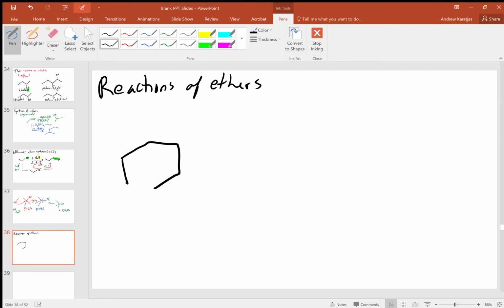Now, under the right conditions, you can essentially cleave an ether, do the reverse of the Williamson ether synthesis. In order to do that, you take your ether and you add a strong acid such as HBr to it in water and heat it to boiling.